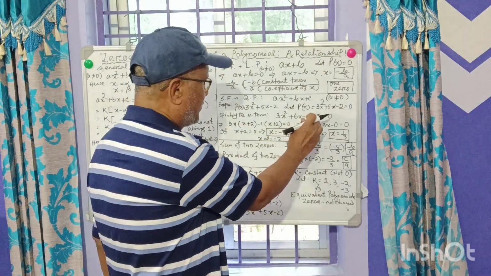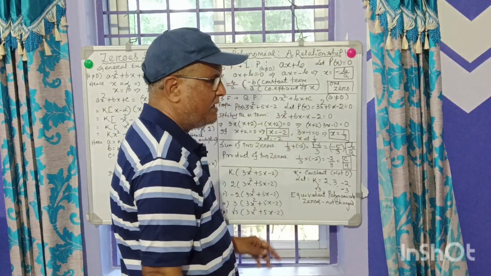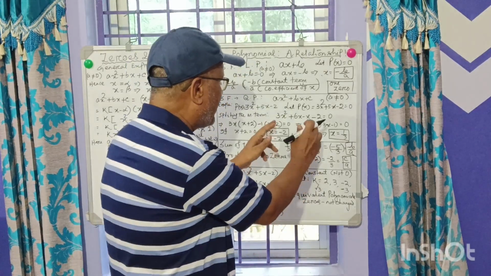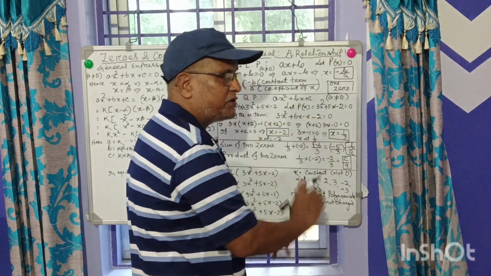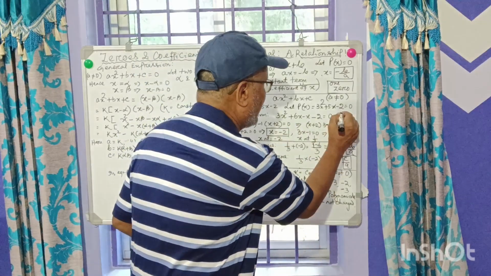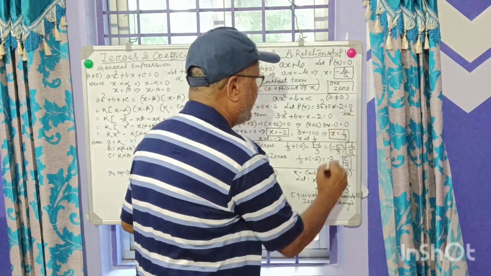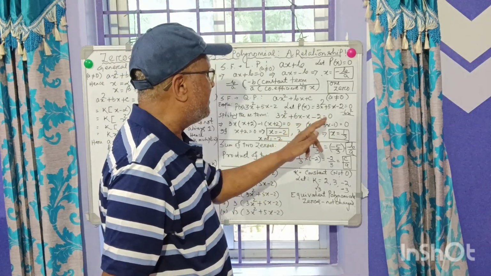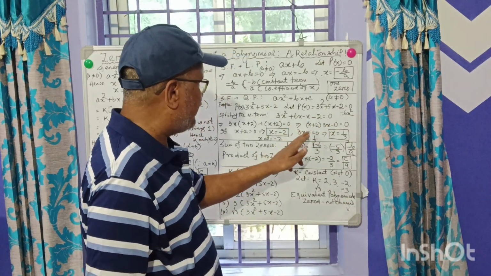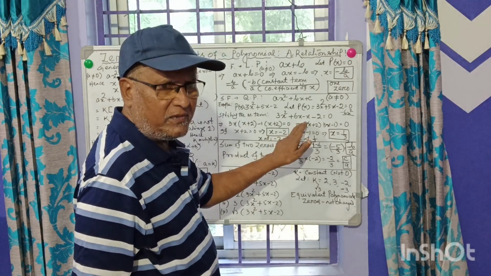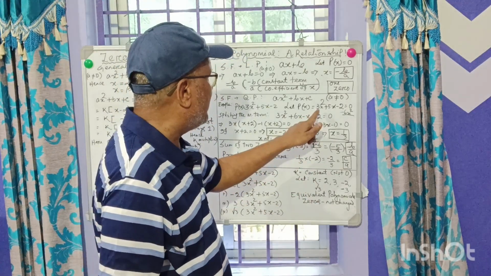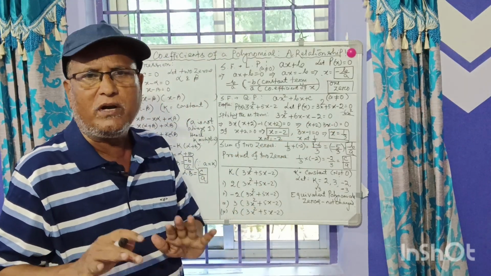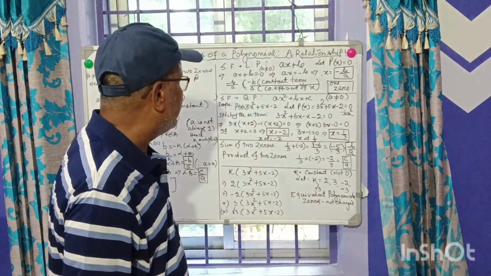Now you see, the product of the first term and the constant is minus 6x square. Now the middle terms, their product is minus 6x square, and their sum is 5x. That procedure you have already learned in class 9.